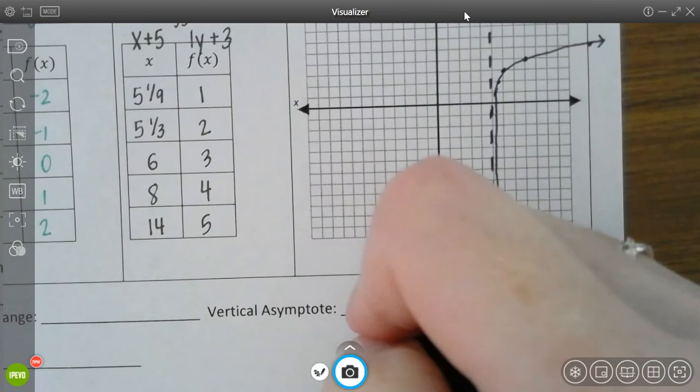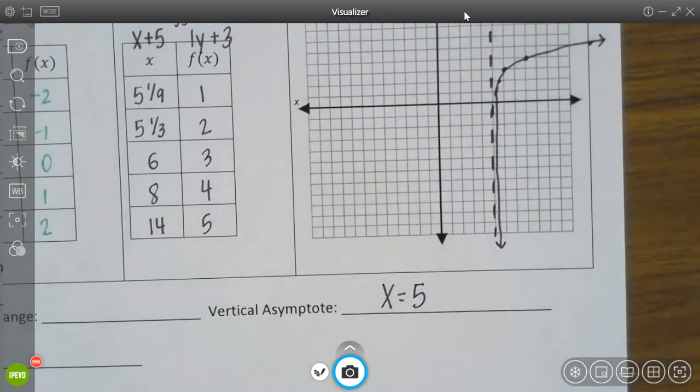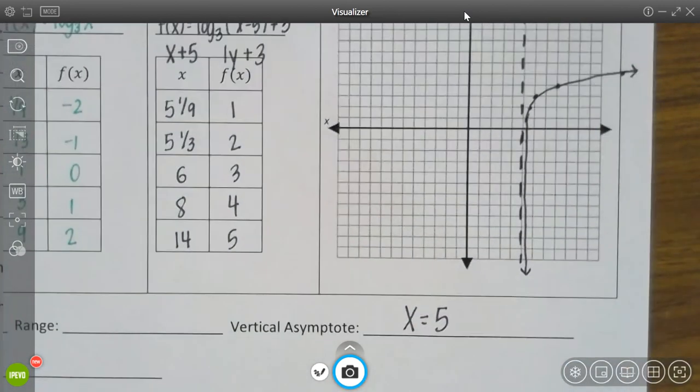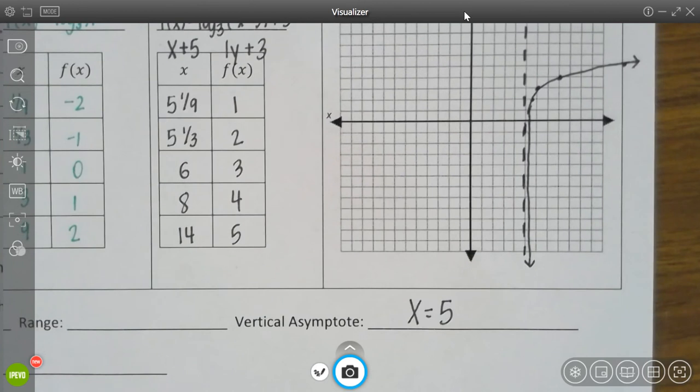While I'm at it, I'm going to write the equation of the vertical asymptote down below. So x equal to 5.